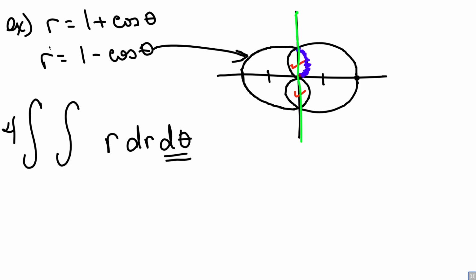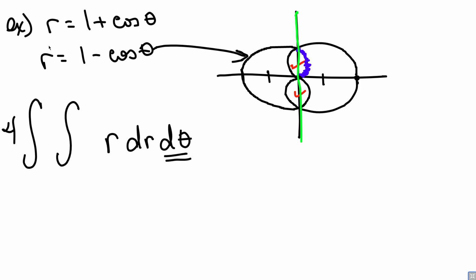So here theta starts at what? At 0. Then we're moving, and theta gets to what? Pi over 2.